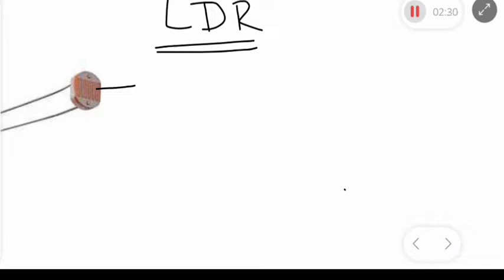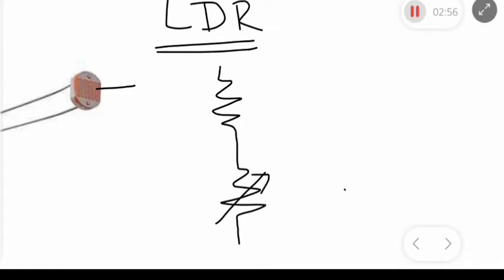So how do we even configure the LDR? Let's say we want to use this LDR to drive a relay to switch on our light in the night and switch it off in the daytime. So this is how this circuit will look. This is the normal fixed resistor. Then this is the LDR.